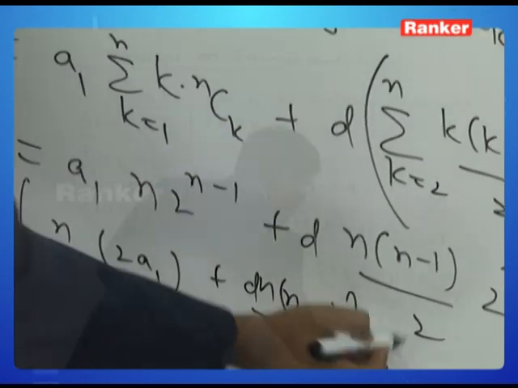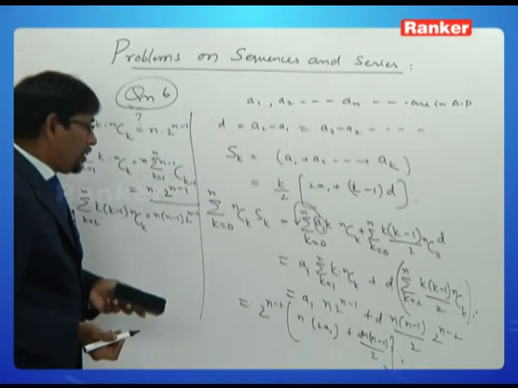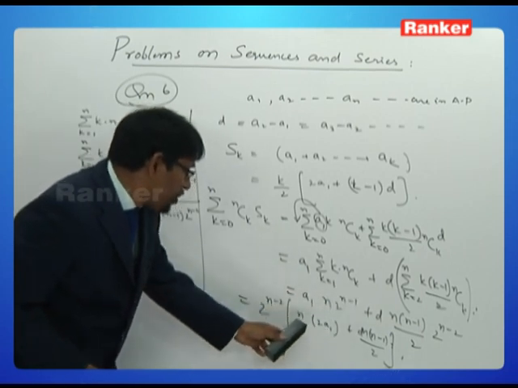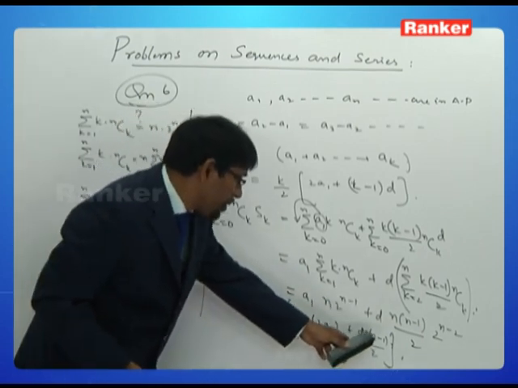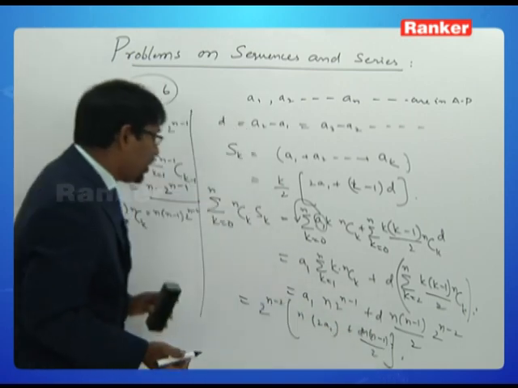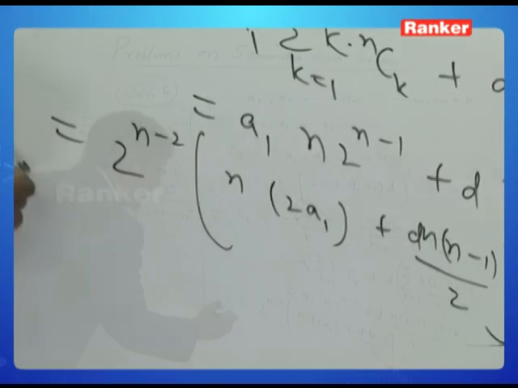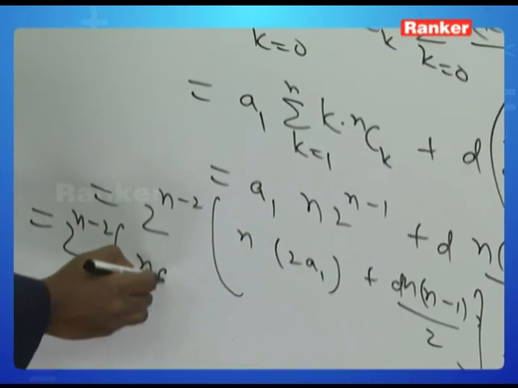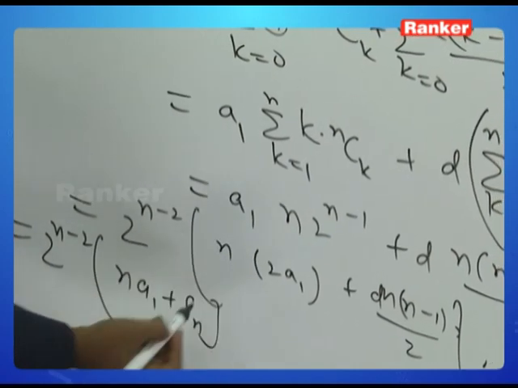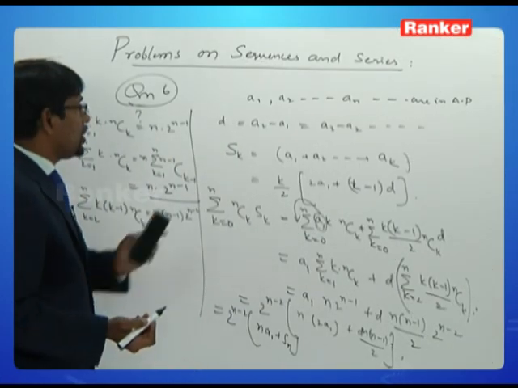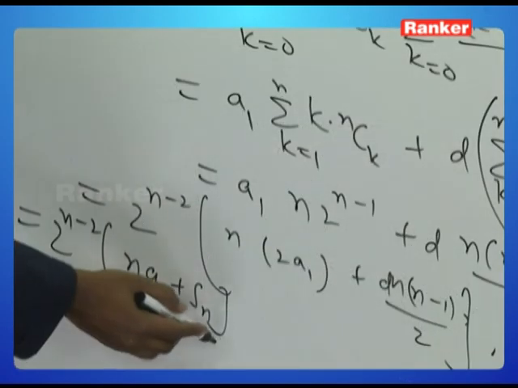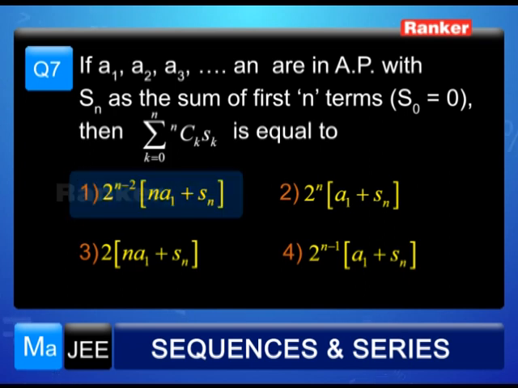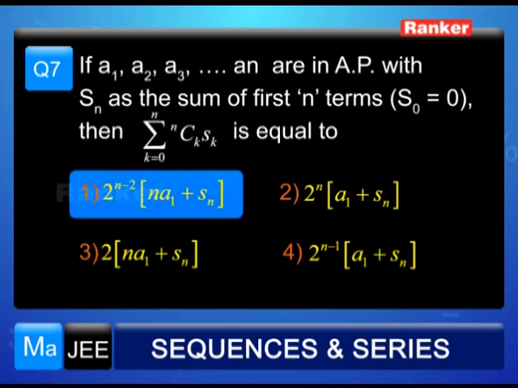That 2 power n minus 2 has been brought out, so that leaves me a 2 here. After a simple manipulation, we can find that this is 2 power n minus 2 into n a1 plus Sn. What is Sn? The sum up to first n terms of this series. A simple manipulation will give me this thing. So therefore the answer is 1 there.